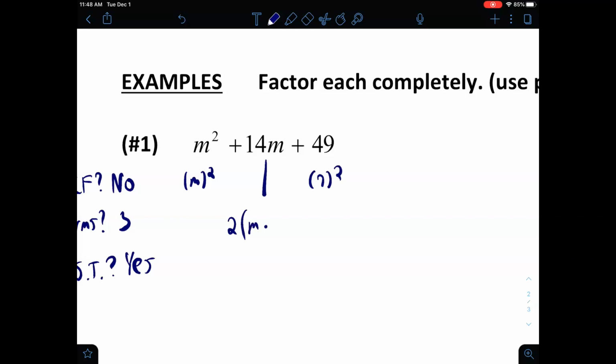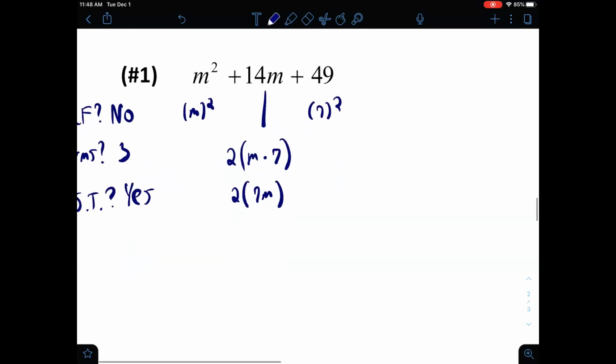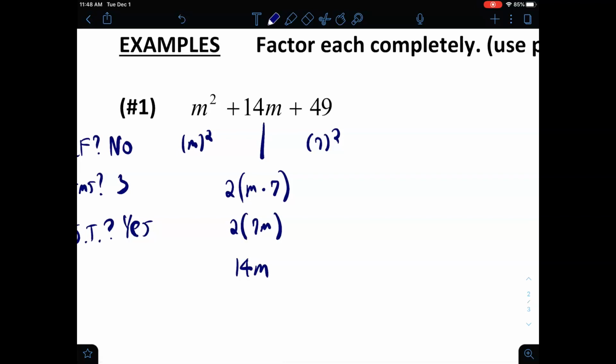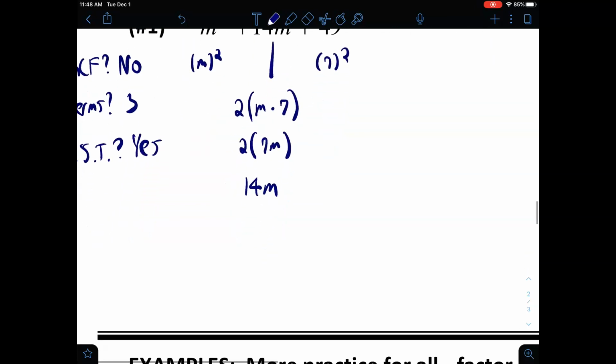The square root of m squared is m. The square root of 49 is 7. What is m times 7 going to be? That is 7m. And what is 2 times 7m going to be? Well, that is 14m. So we verified that the first term is a perfect square, the last term is a perfect square, and the middle term is double the product of the square roots, which is going to be 14m.